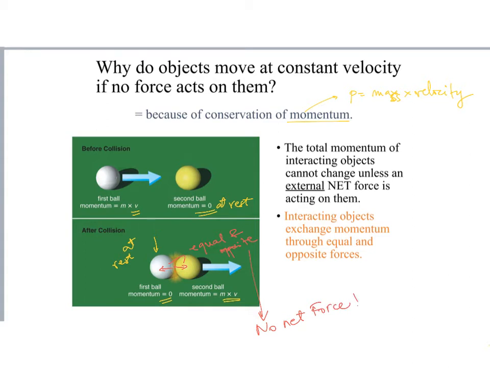These interacting objects exchange momentum through equal and opposite forces. Equal and opposite, they cancel one another, so there is no net external force acting upon them. No net external force, so there is no change overall for this system.